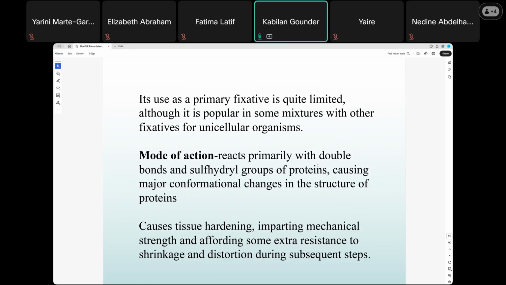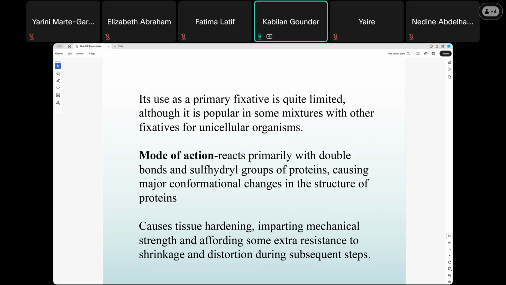So how does this work? Osmium tetroxide fixes by reacting primarily with double bonds and sulfhydryl groups of different types of proteins, causing major conformational changes in the structure of proteins. Osmium tetroxide also causes tissue hardening.